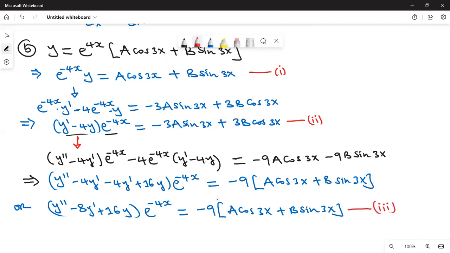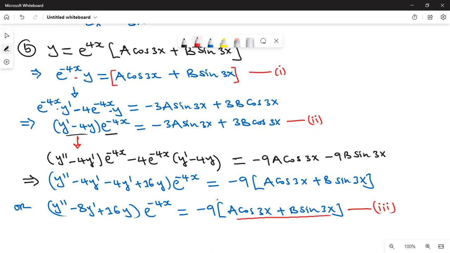Now we need to manipulate these derivatives and even the primitive. Let's see whether we can get rid of a and b. Look at equation 1. From equation 1, we are told that a cos 3x + b sin 3x is the same as e^(−4x) times y. And in the third equation we still have a cos 3x + b sin 3x.